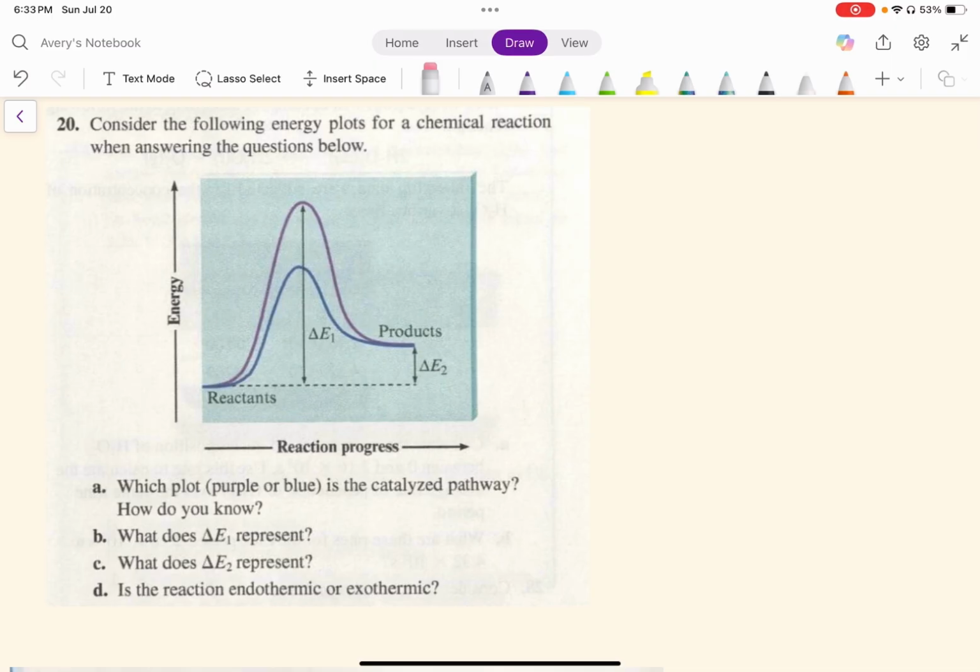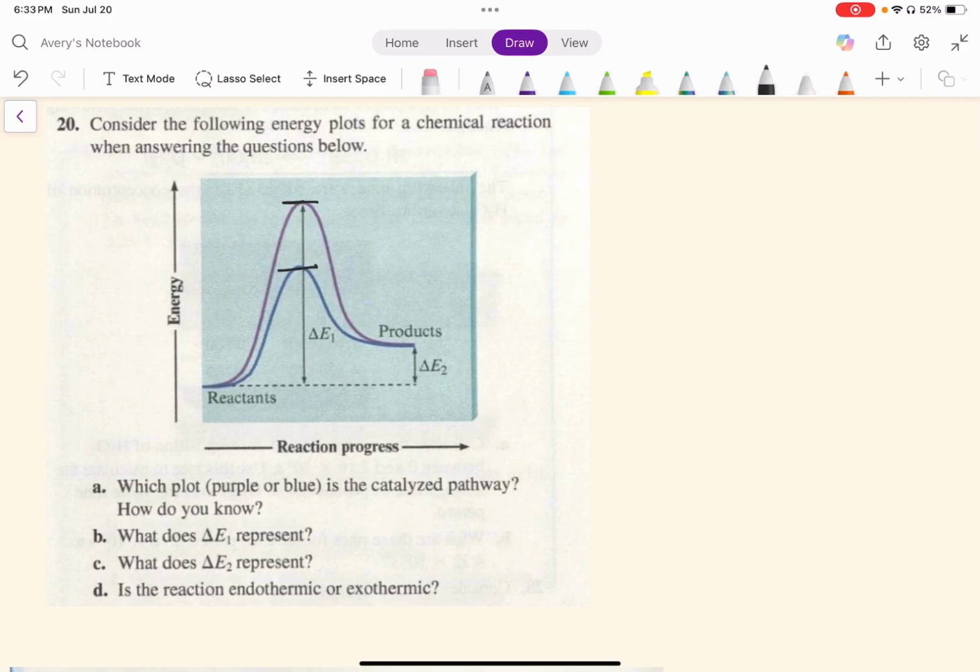Like I just said before, a catalyst lowers the energy required for a reaction to occur. On a graph, that is illustrated at the top of the line, and that is called the transition state.